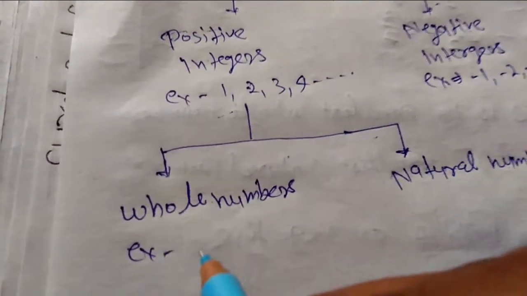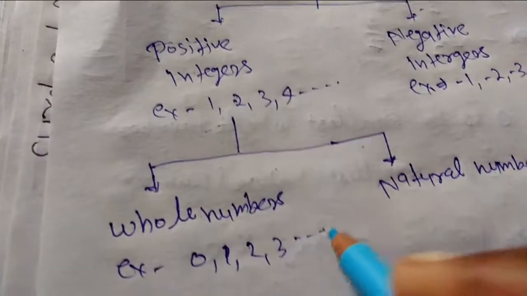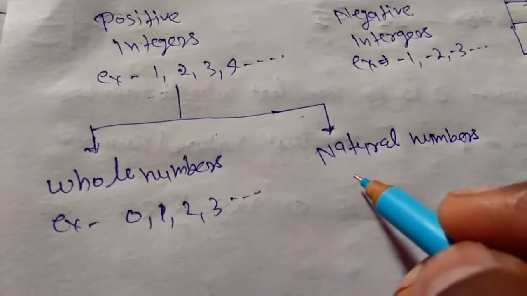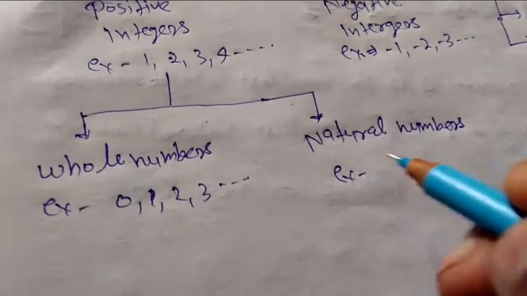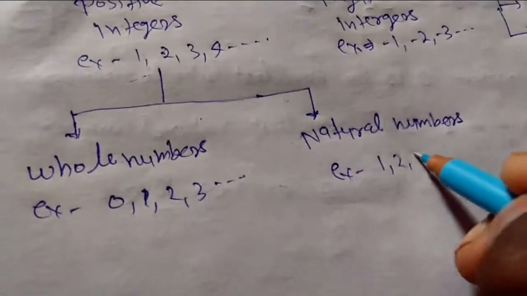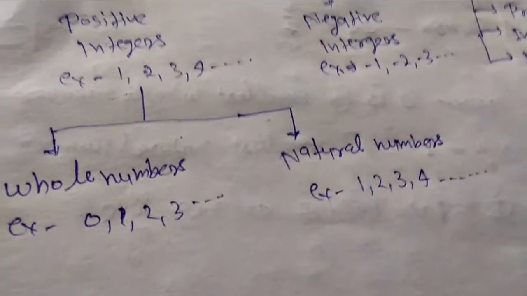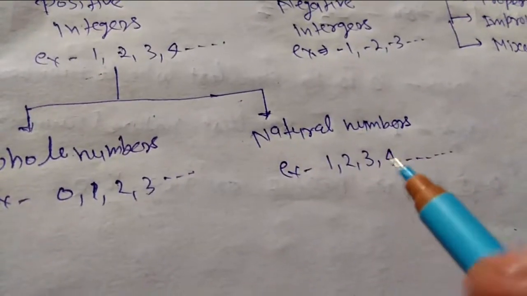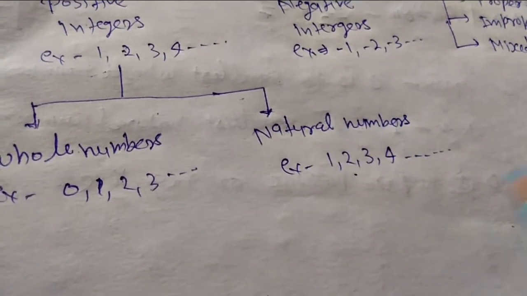Example: 0, 1, 2, 3 and so on. These are examples of whole numbers. And natural numbers are those numbers which start from 1. Example: 1, 2, 3, 4 and so on. These are examples of natural numbers. If we consider 0 in natural numbers, then we call the set whole numbers.